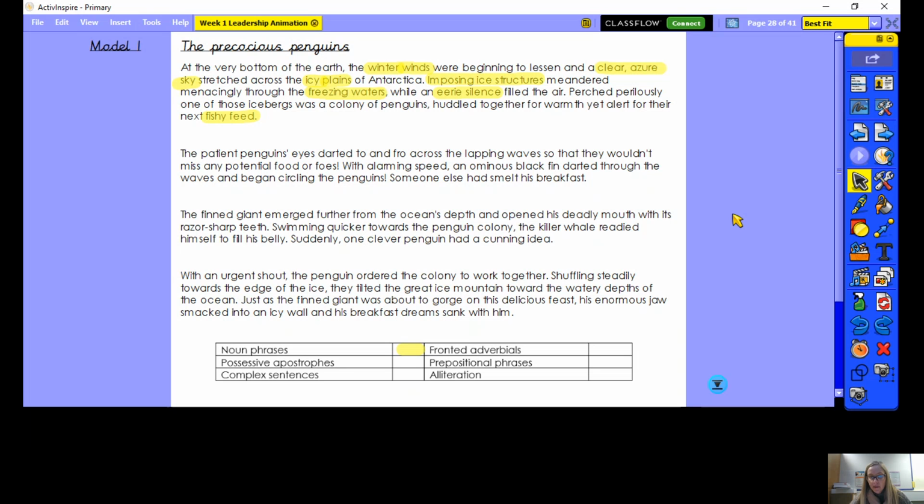Suddenly, one clever penguin had a cunning idea. With an urgent shout, the penguin ordered the colony to work together. Shuffling steadily towards the edge of the ice, they tilted the great ice mountain towards the watery depth of the ocean. Just as the finned giant was about to gorge on his delicious feast, his enormous jaw smacked into an icy wall and his breakfast dream sank with him.